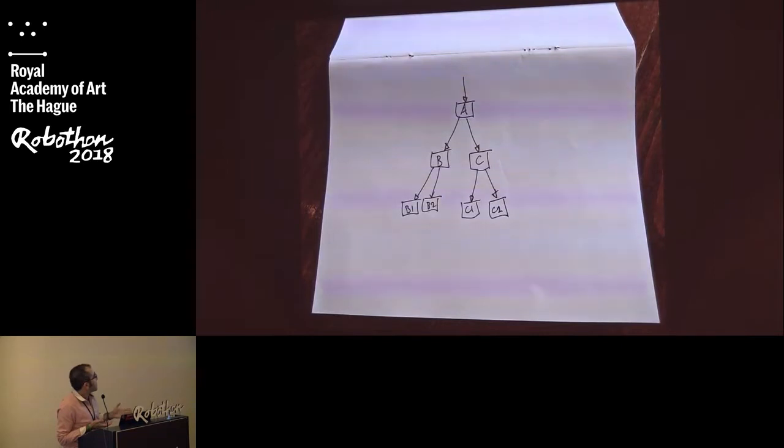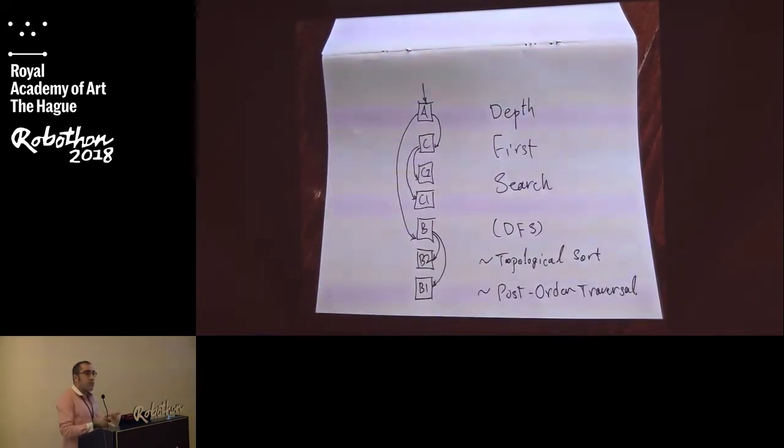This is a simpler graph. I named the nodes so I can refer to them. Here we have A is the root of the tree, and then B, C, and they each have two children. And the goal of this packing algorithm is to order them in something like this. The property of this ordering is that all the edges go from top to the bottom.